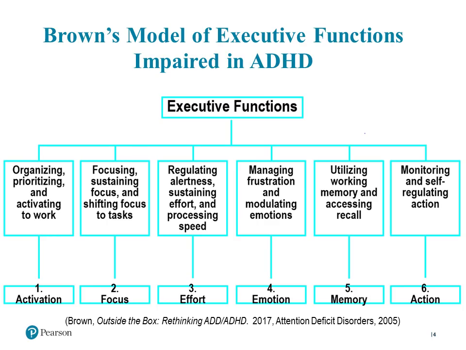Regulating alertness and sleep, and sustaining effort and processing speed. Managing frustration and modulating emotions, which is not part of the DSM criteria, but it ought to be. Most of us who work in research in this area agree on that matter. Utilizing working memory and accessing recall, and then monitoring and self-regulating action.